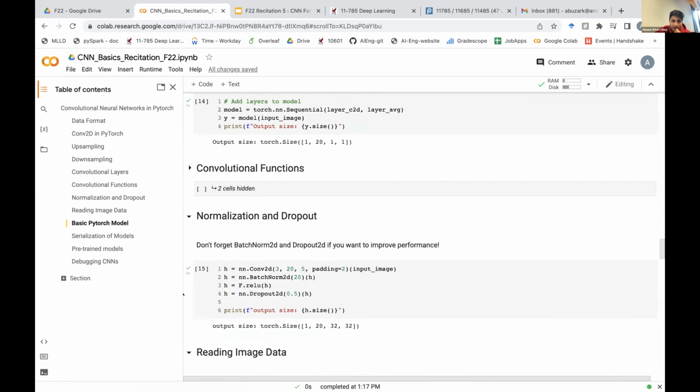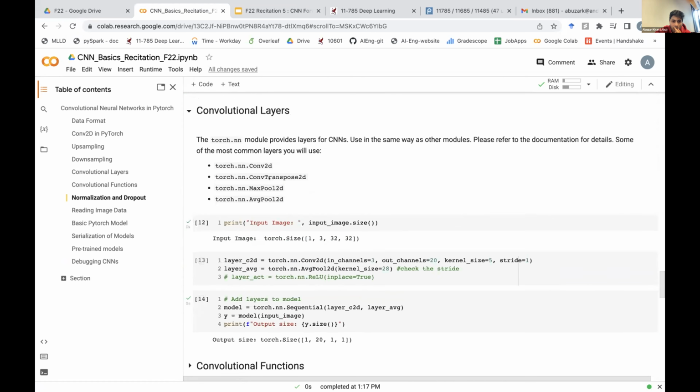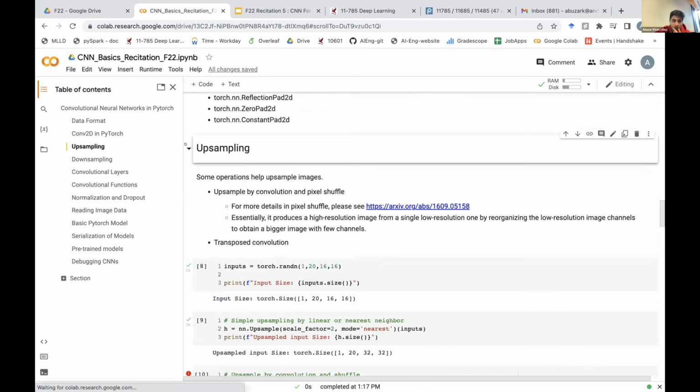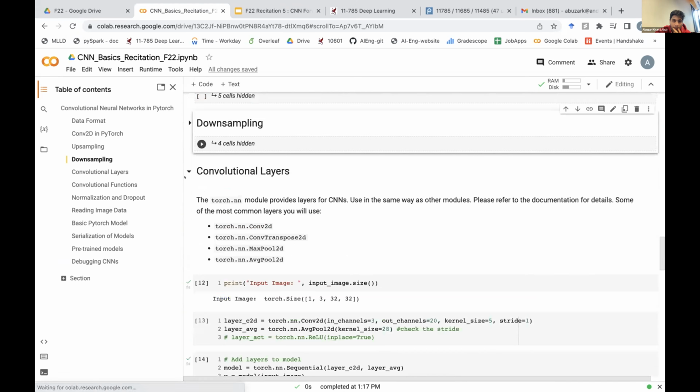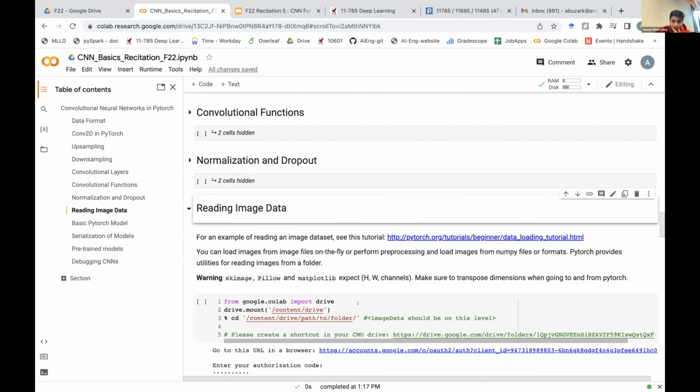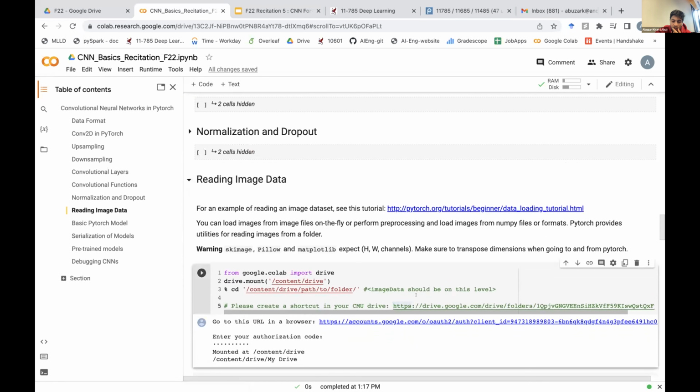So this is a notebook for you to play with. One thing that I'm not 100% sure of is whether the drive link that I talked about in reading image data is updated or not. So I would suggest hold off for the next 10-15 minutes to using this section of the notebook in case you're super eager to do it.